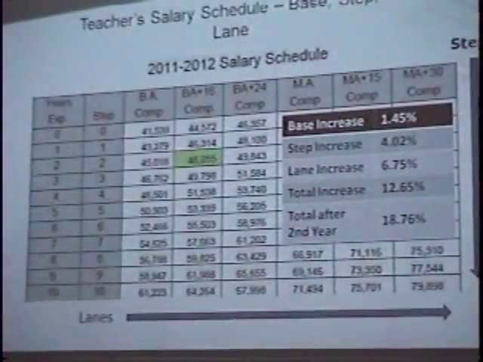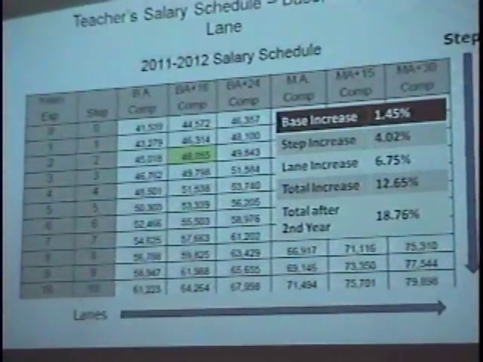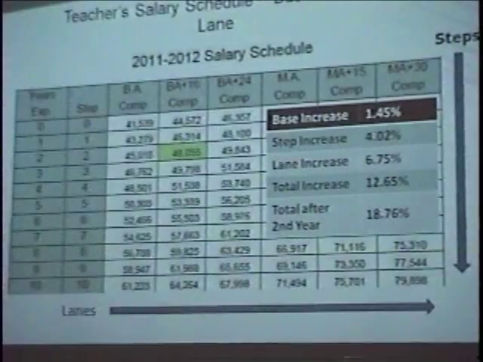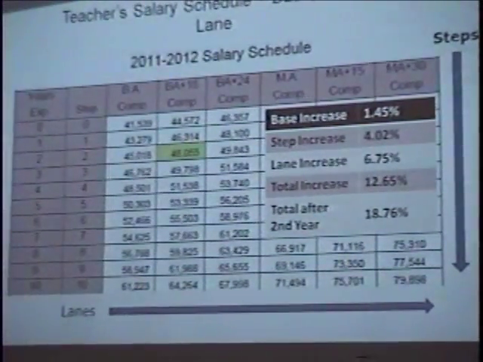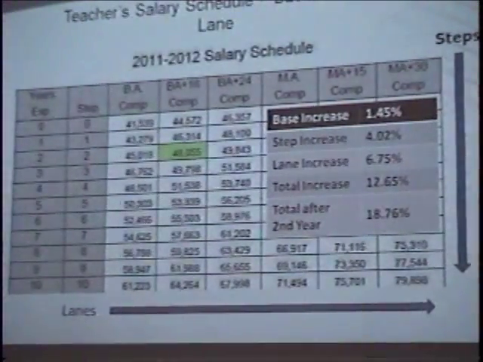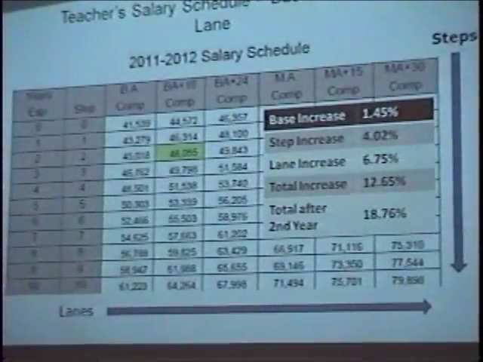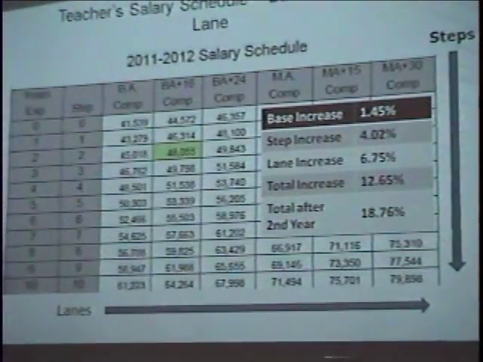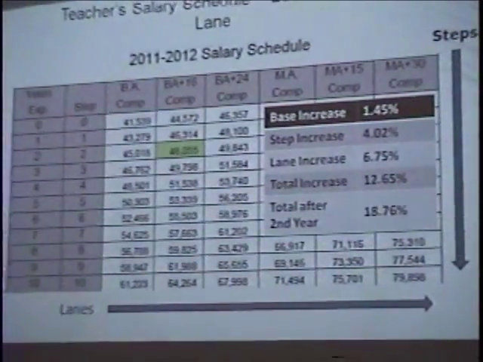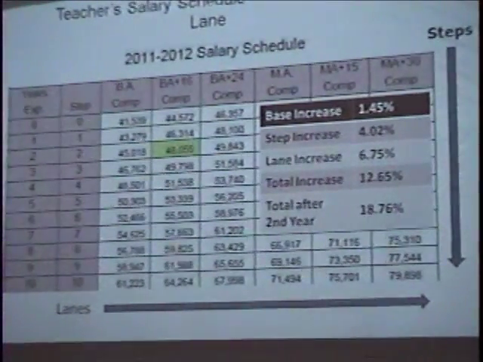So again, that's base, okay? So at this point, her base increase from the previous year was 1.45%. Her step increase is 4.02, and her lane increase is 6.75, for a total increase of 12.65. Now, if you look at from when she started to where she is now, that increase is 18.76.